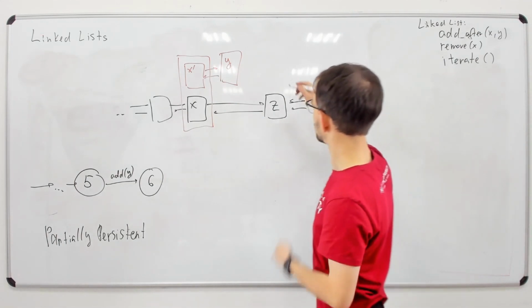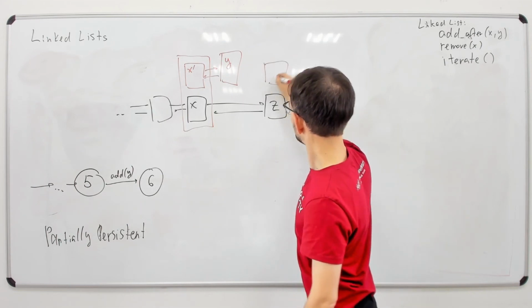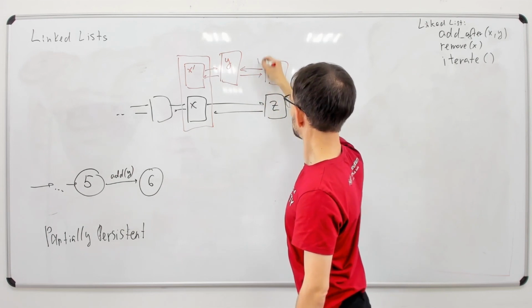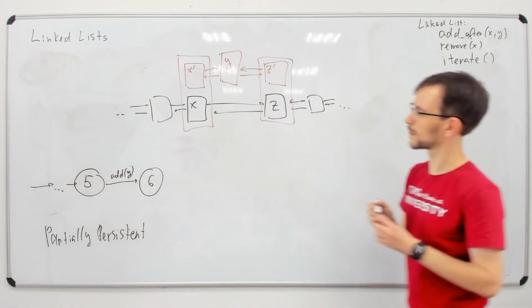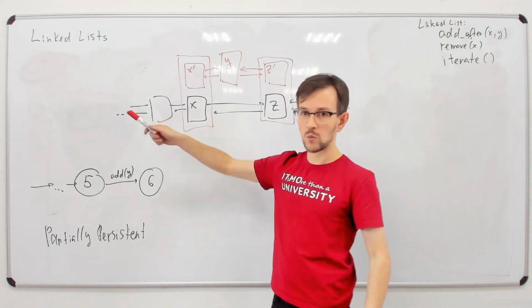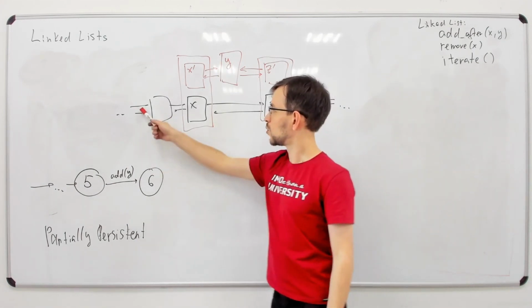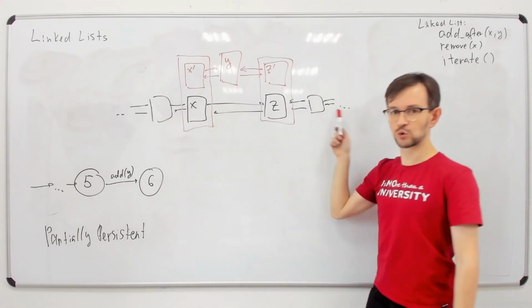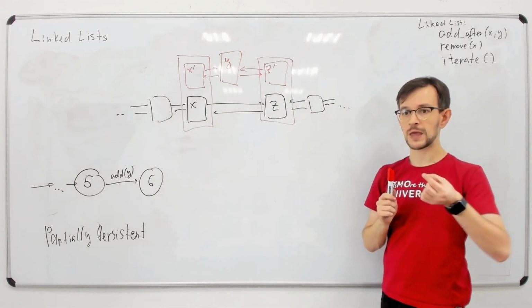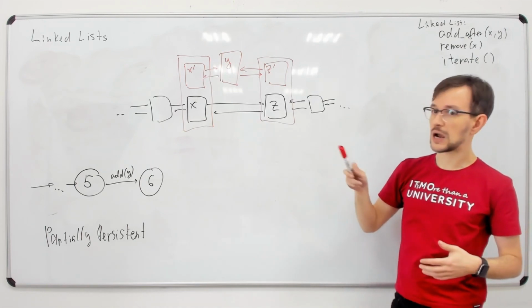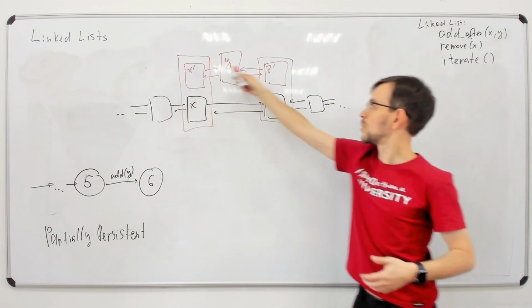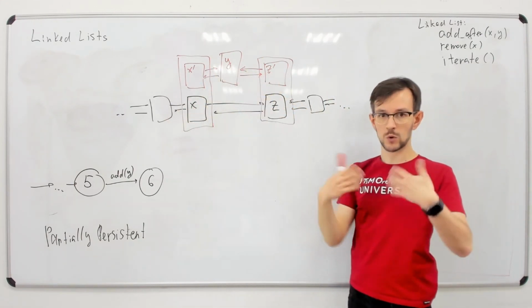And the same for node z. We'll have another version of this node which knows about node y. The idea is like this. When we are in version 5, we use these pointers to go along the version 5 list. And when we have version 6, we use these pointers, so we have this list which includes element y.